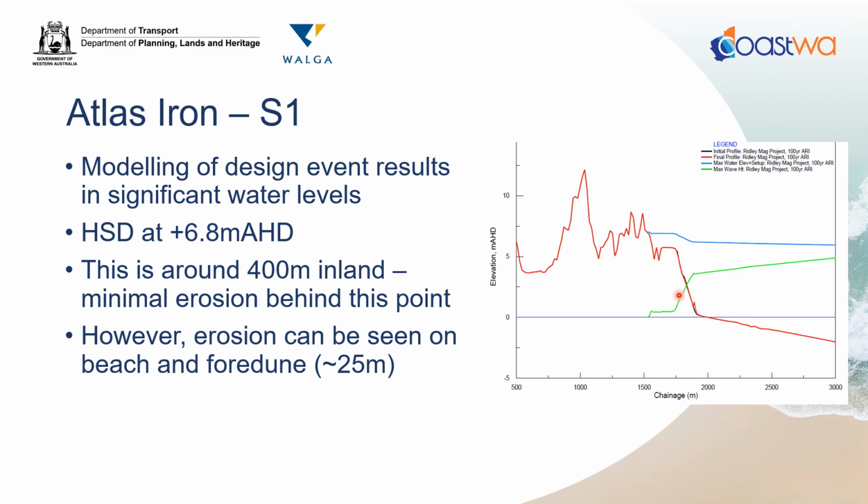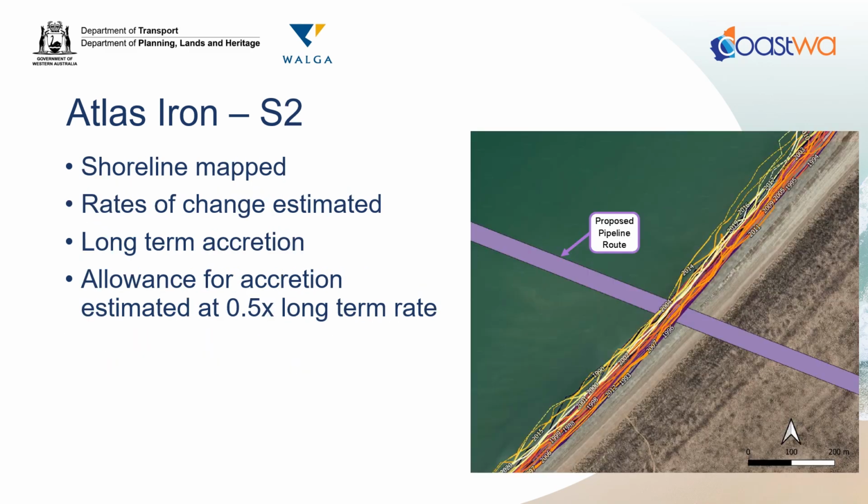All of the erosion experienced at the site is occurring on the beach and the primary foredune. However, we can see 25 odd metres of erosion in that particular location. For the S2 allowance, we mapped the shoreline over a number of years. The rates of change were estimated and showed that there'd been a history of long-term accretion at the site.